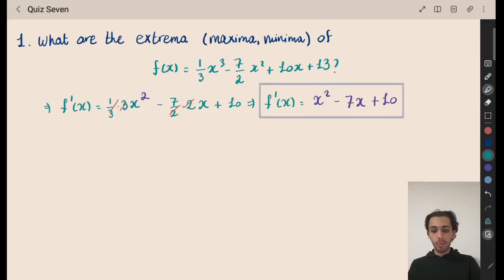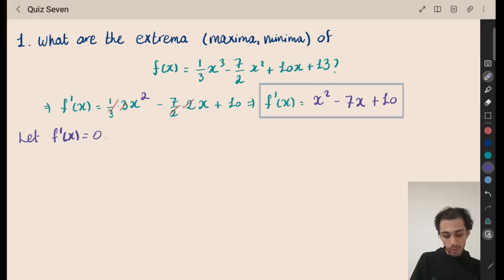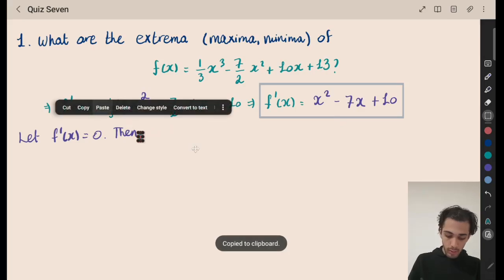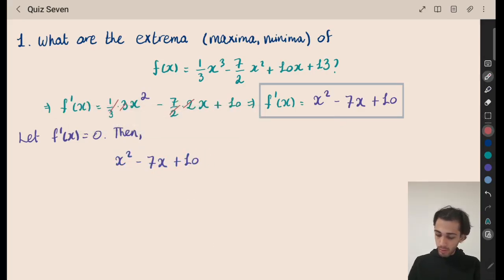I now have my f prime of x. So now I let my f prime of x be equal to 0. Then this is equal to 0.